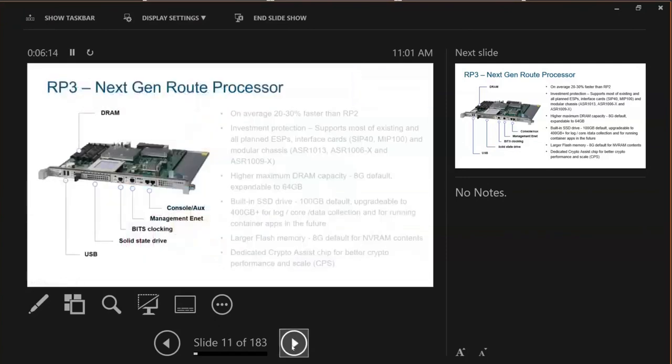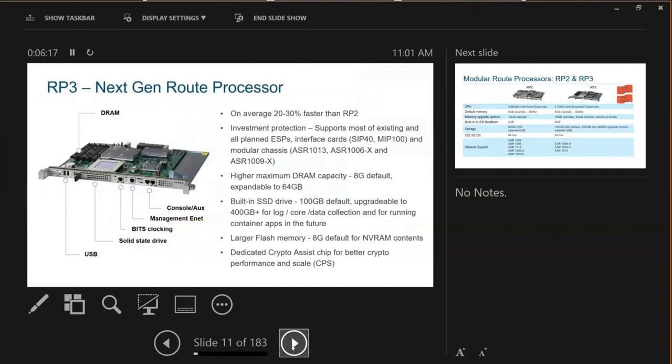So going on further, RP3 is the latest route processor. We have RP1, which is the oldest, RP2 intermediate, and RP3 the latest. So this is the chassis, how our RP3 module looks like. These are the two USBs.